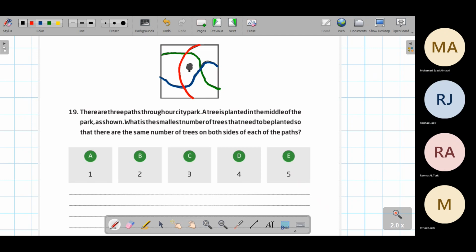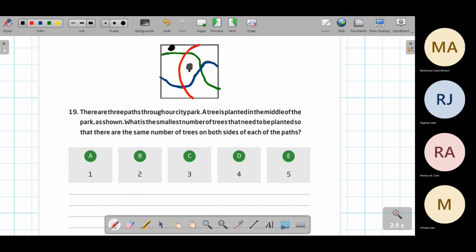Two, I guess. And why? Because I need to put some trees on the figure. For example, if I put a tree here, that is 1. For the green one, 1 is above and the second is below.